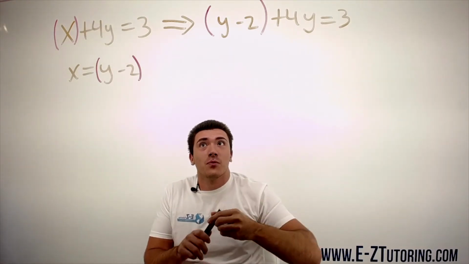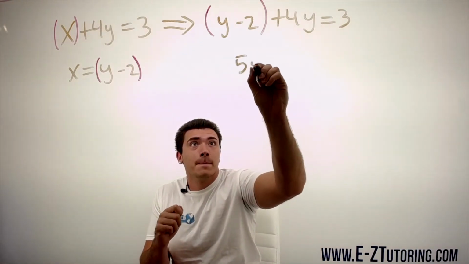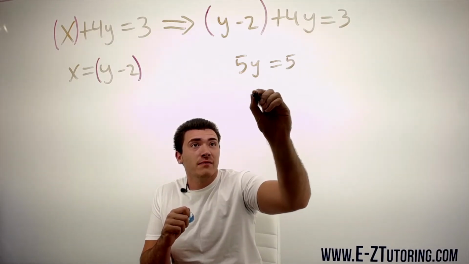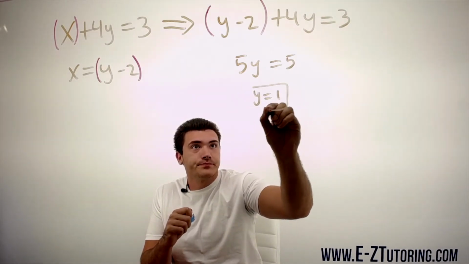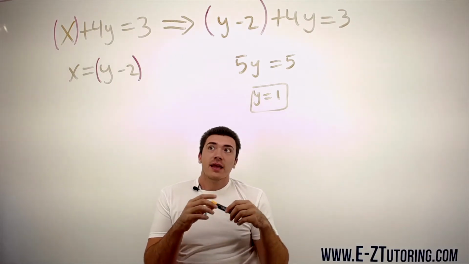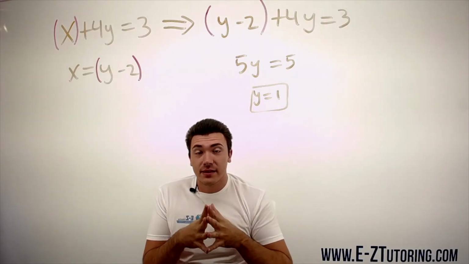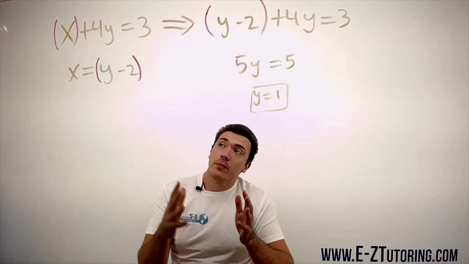y plus 4y is 5y. Add the 2 on both sides. 5y equals 5. y equals 1. And of course, if you do want to solve for x as well, you do not need to repeat all these steps.